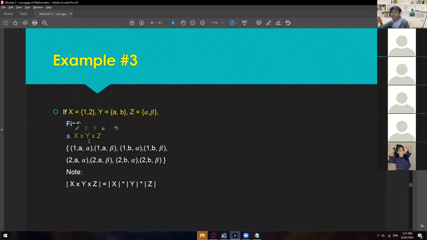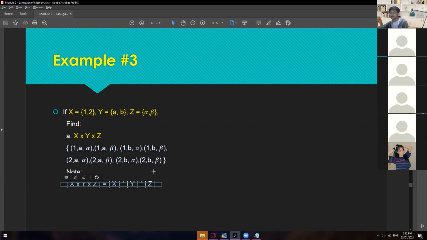Or just simply multiply the counts of elements of each set so that you can get the count of all the possible combinations. So 2 times 2 times 2 is 8. If you count these, there are also 8 possible combinations.